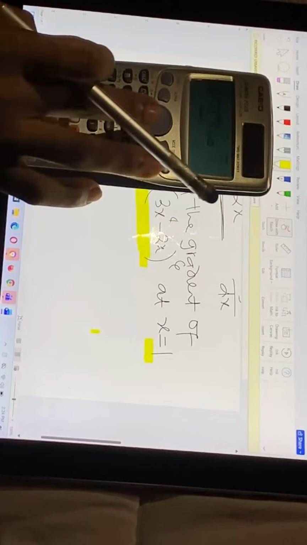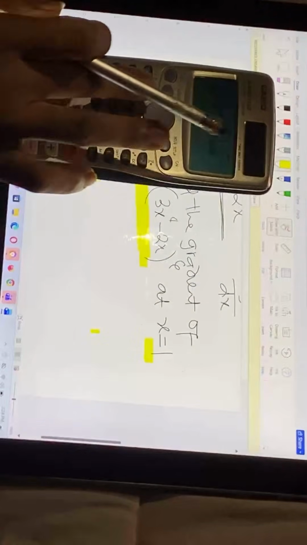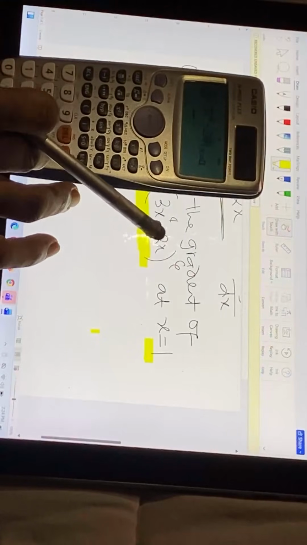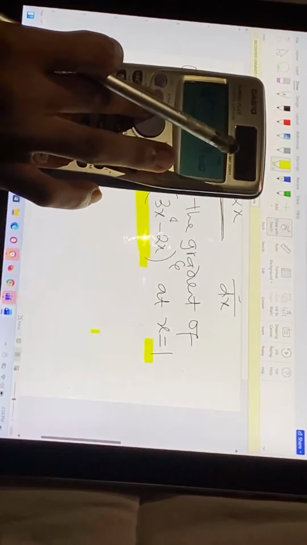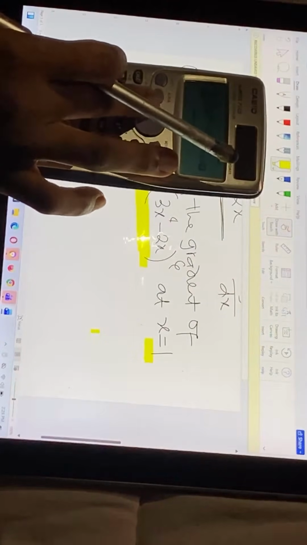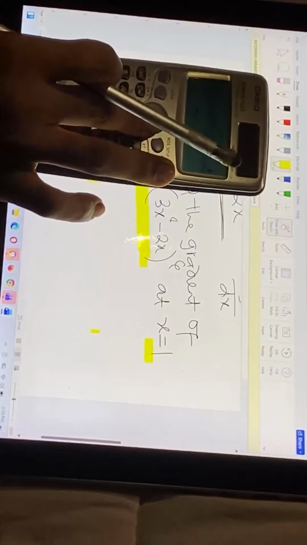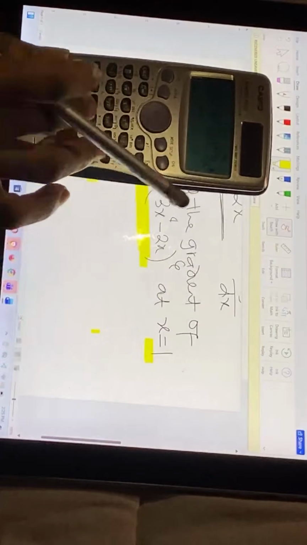Use your control button here to take the cursor down. That's minus 2s. Please take note of this. You close your bracket again. You have to bring up another bracket. You close your bracket, close your bracket, raise to the power of 6.